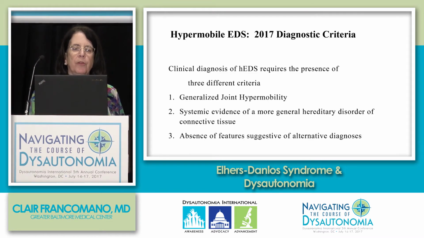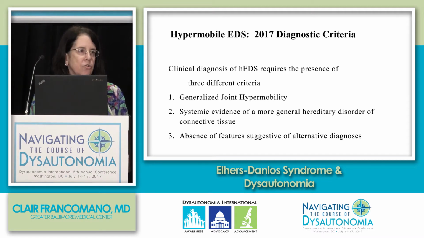Now, the hypermobile type of Ehlers-Danlos syndrome is the most common of the types of Ehlers-Danlos syndrome. And it's the one where the most changes were made in terms of thinking about the diagnostic criteria.